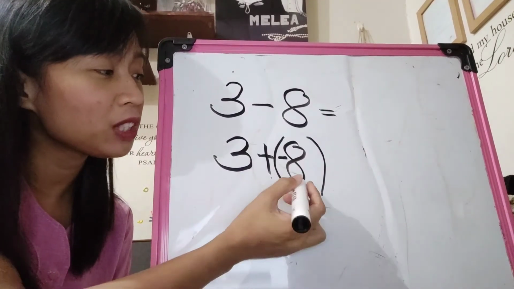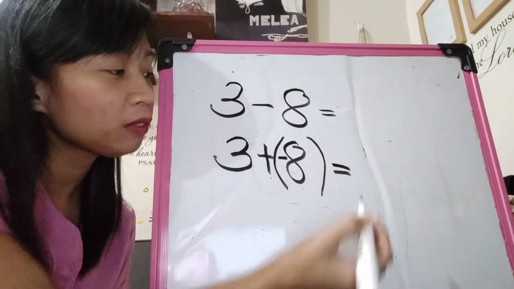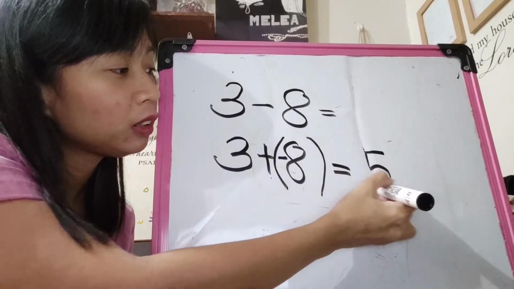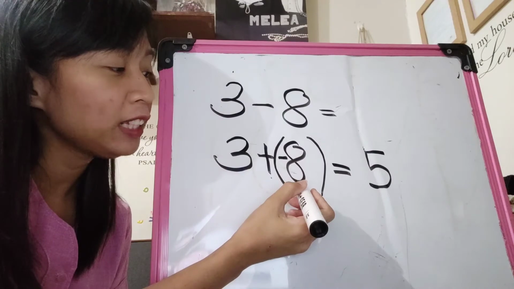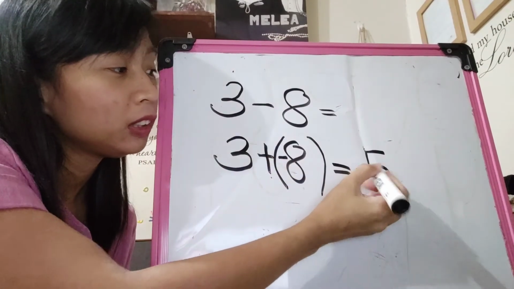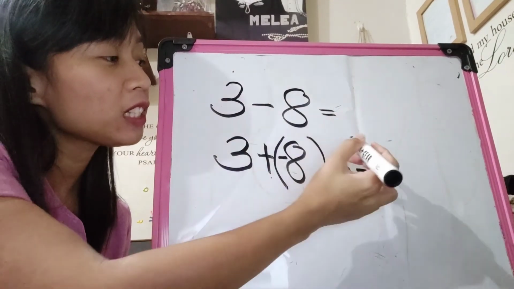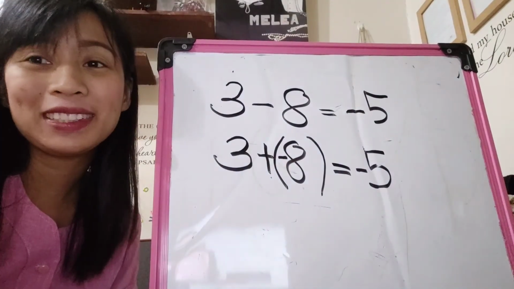This is positive, this is negative. Simply subtract the numbers and copy the sign of the greater number. 8 minus 3 is 5. And then the greater number is 8 and the sign is negative. So the answer would be negative 5. So, 3 minus 8 is equal to negative 5.